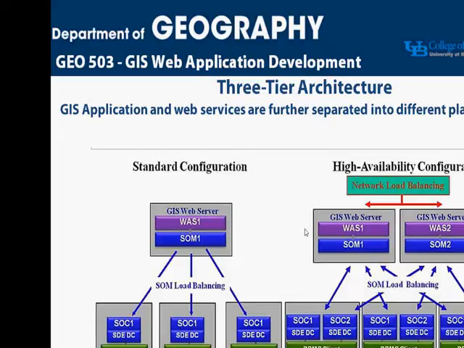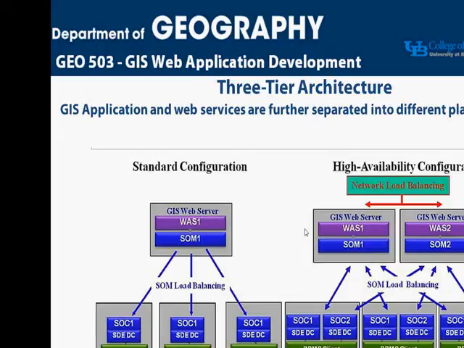In three-tier architecture, again, I want to introduce some of these concepts. This isn't central to the rest of the course, it's kind of an introduction to some of the things behind the scenes. There's further separation between the database server, the GIS application server, and the web server. The biggest difference here is you have a separate server that has ArcGIS Server on it and databases, and then the third thing in the tier is a separate web server that manages delivering that data to the public.